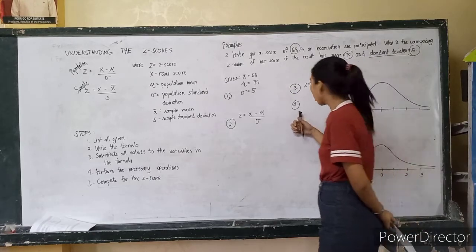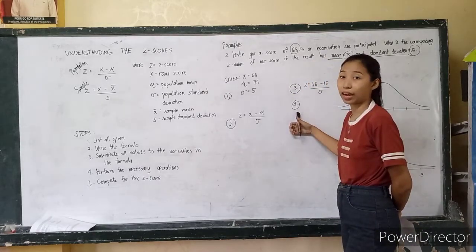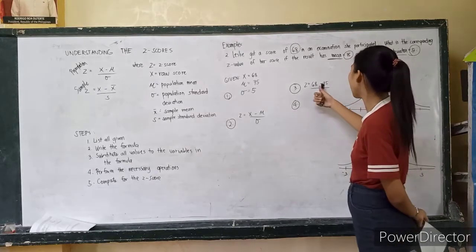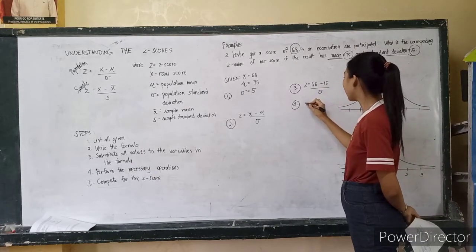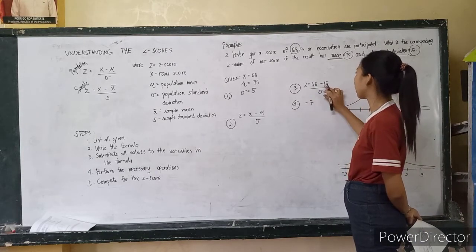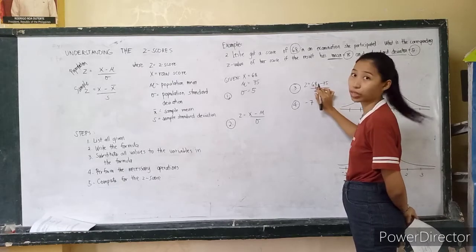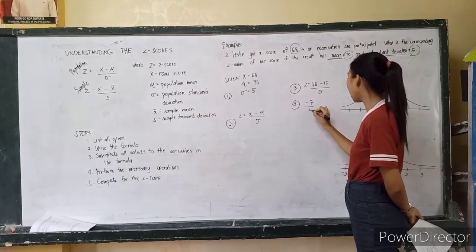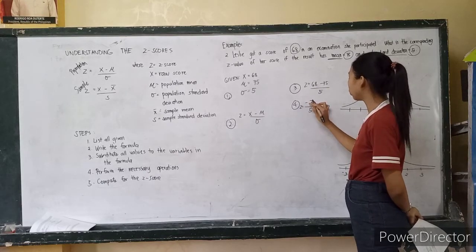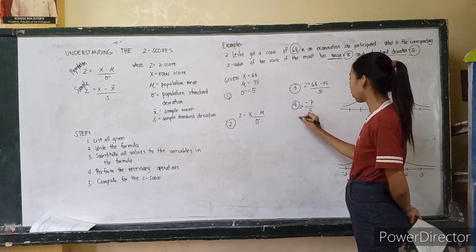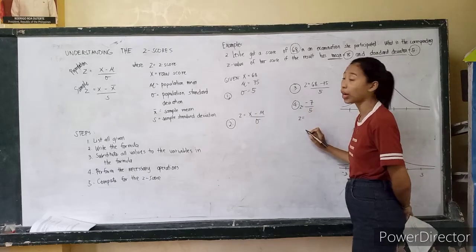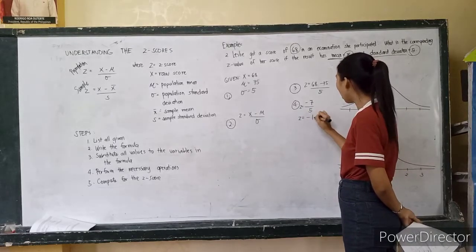Next one is we are going to perform the necessary operation. So, 68 minus 75, that is negative 7. Kaya mas dako ang imuhang gi-minus nga number kasi sa imuhang gi-minusan. Divided by 5. So, z is equal to negative 7 over 5. So, if you are going to use the calculator, that is going to be negative 1.4.